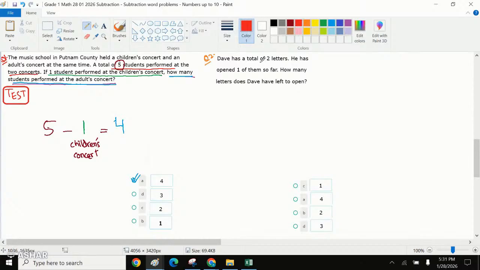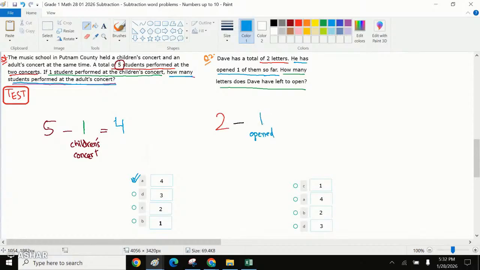Dave has a total of 2 letters. He opened one of them so far. How many letters does Dave have left to open? So we can always write this statement: he has a total of 2 minus the number of opened.